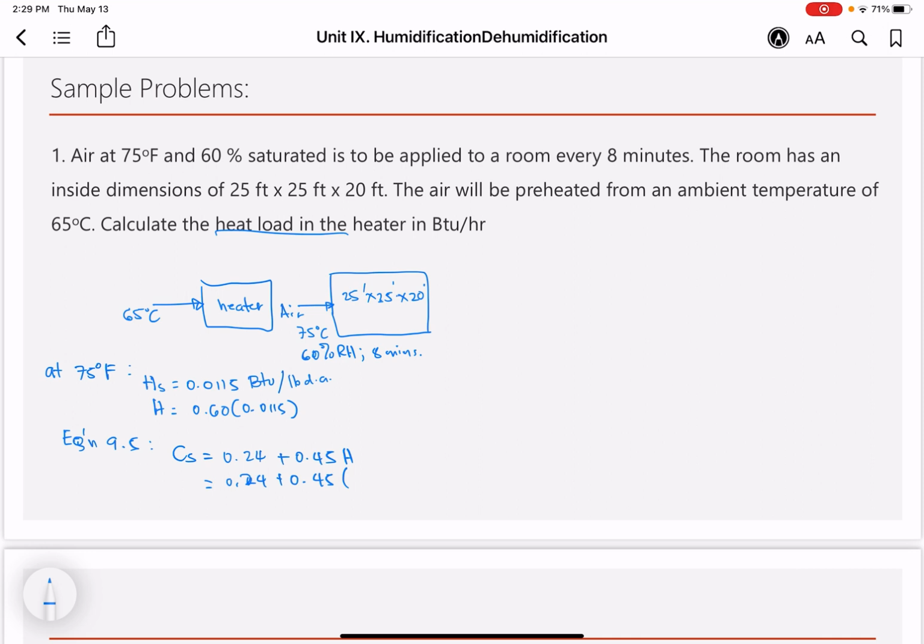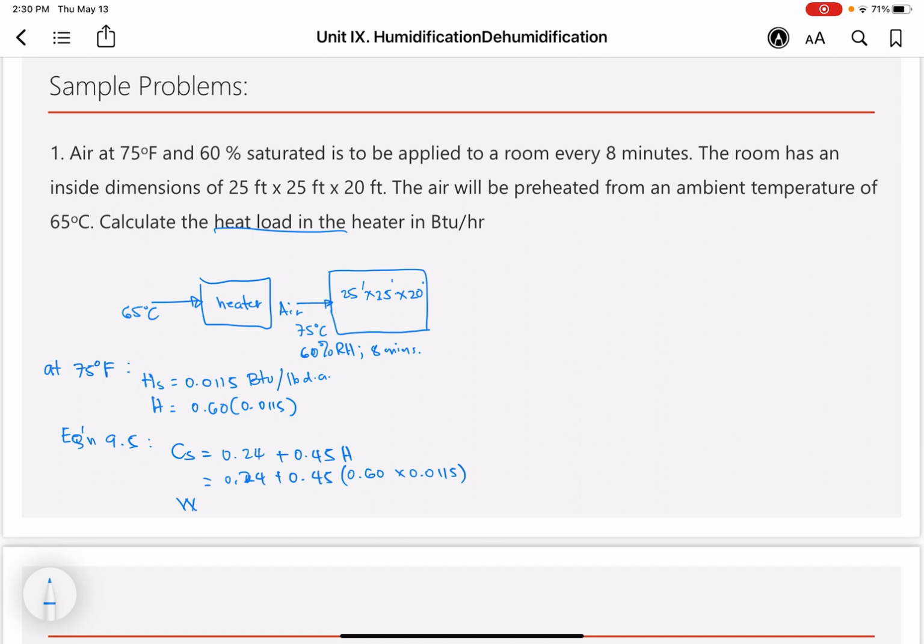If you get here 0.60 times 0.0115, that would be your CS.